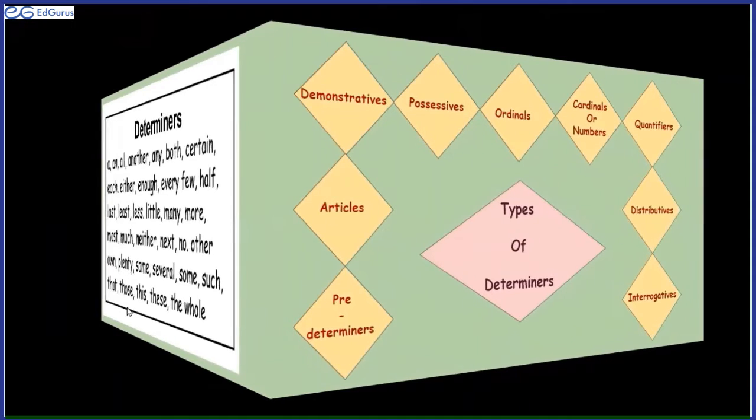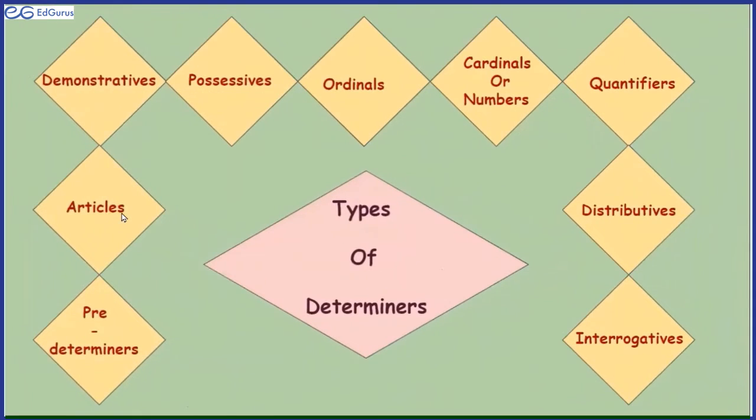Yes. Now this is very important. Here you see types of determiners. We have 9 types of determiners. Sometimes they say 10 types of determiners, when they distribute these differently. We have predeterminers, we have articles. You are familiar with articles, right? Demonstratives. Demonstratives are just like demonstrative pronouns.